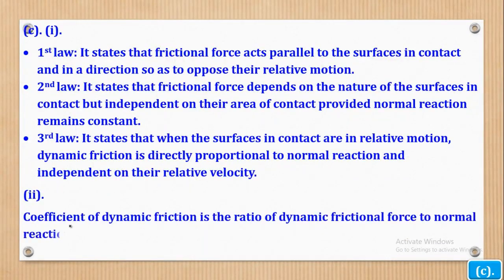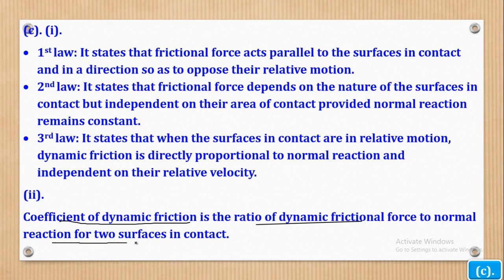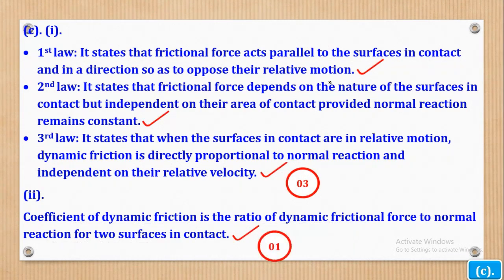We shall come here and say that the coefficient of dynamic friction is the ratio of dynamic friction force to normal reaction for 2 surfaces in contact. The marks are 1 mark for the first law, 1 mark for the second law, 1 mark for the third law, and 1 mark for this definition.